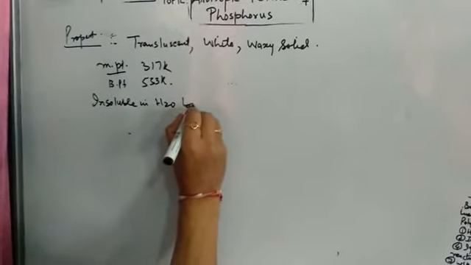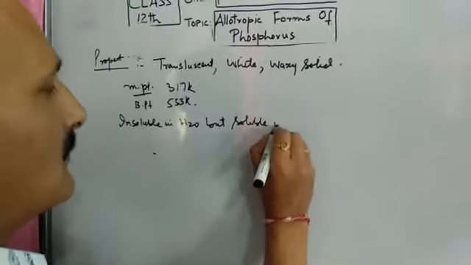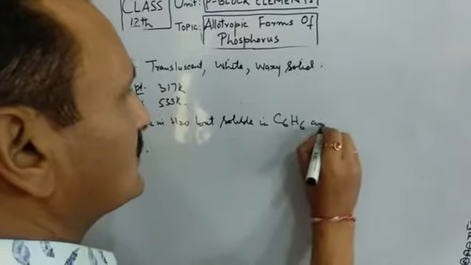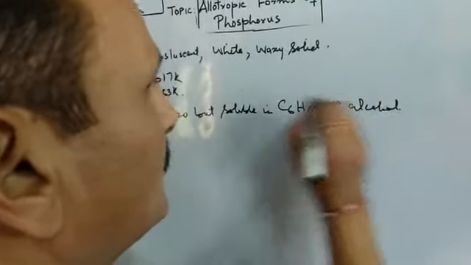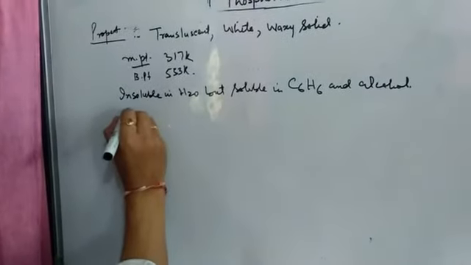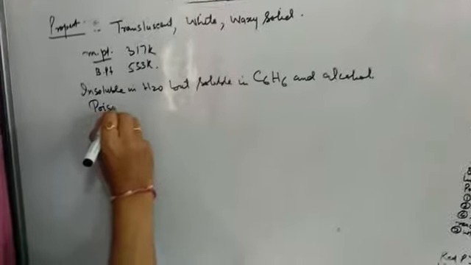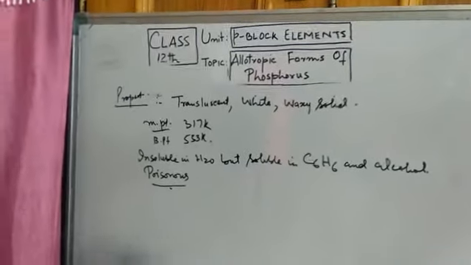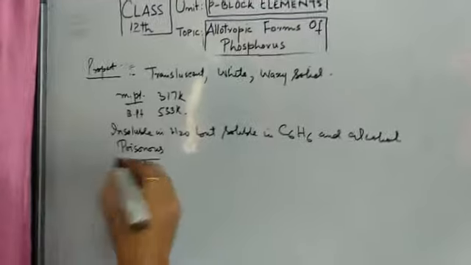But it is soluble in benzene and alcohols like ethyl alcohol, etc. Then it is poisonous in nature. Its vapors are poisonous in nature. If its vapors are inhaled, it can prove fatal. It can cause death. So it is very poisonous in nature.